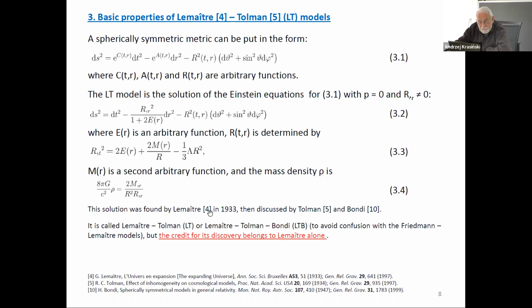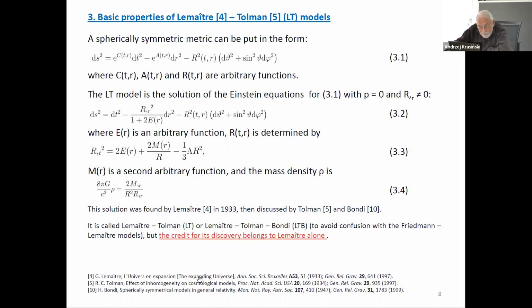So this solution was first found by Lemaitre in 1933 and then discussed by Tolman and Bondi. It's called most frequently Lemaitre-Tolman-Bondi, less frequently Lemaitre-Tolman, and these additional names are added only to avoid confusion with the Friedman-Lemaitre models, because otherwise the credit for the discovery of this solution belongs to Lemaitre alone.